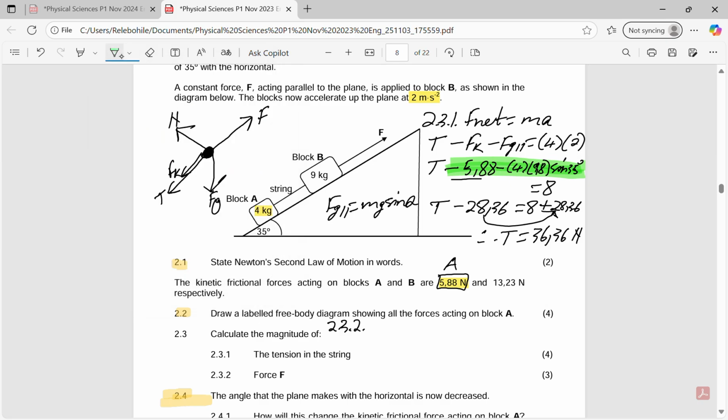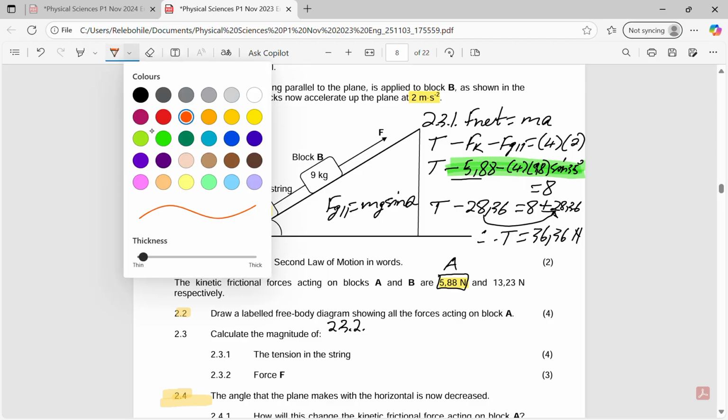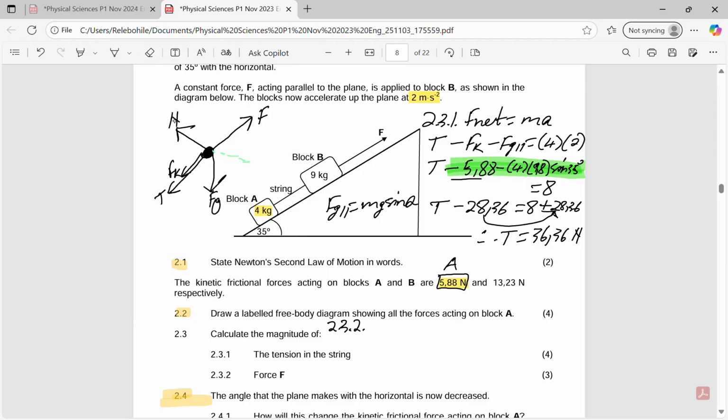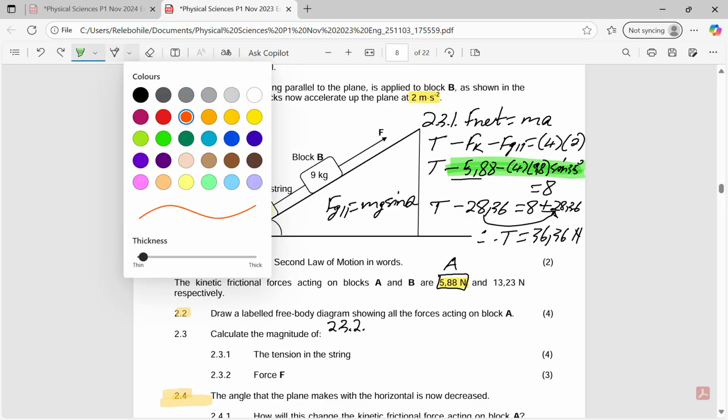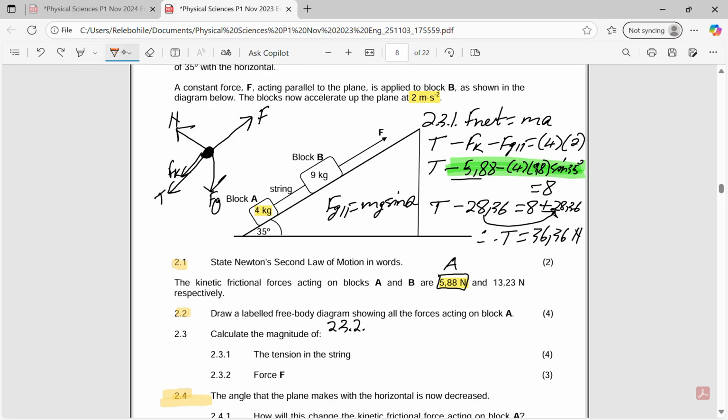So when we have, okay, that is too light. Let me find it darker. Orange is better, I think. So when we draw our component forces, guys, we will have this component force, which is again the FG perpendicular, and then the other one that we'll have will be FG parallel.